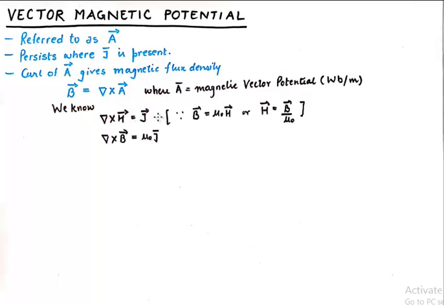We know from Ampere's law or from Maxwell's fourth equation that curl of H is J, and we know that B is mu naught H. So substituting the value of H, B upon mu naught, and taking mu naught on the right hand side, I get curl of B to be equivalent to mu naught into J.